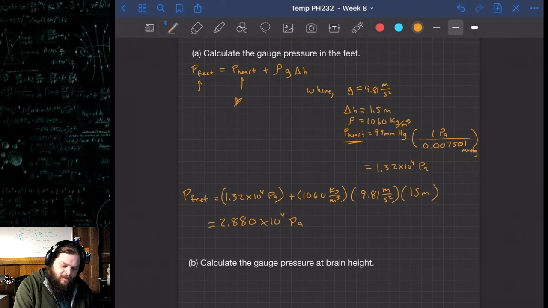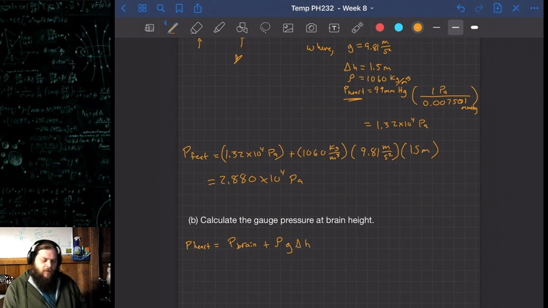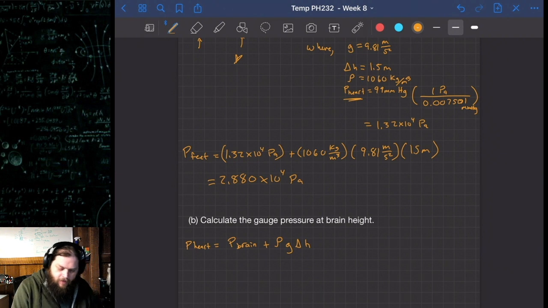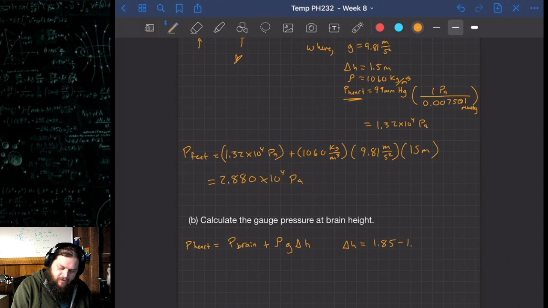So I have the pressure at the heart is going to equal the pressure at the brain plus rho times gravity times delta H. In this case, a lot of those same values apply, but now delta H is really equal to the difference between the head height and the heart height. So that's going to be 1.85 minus 1.5, which is equal to 0.35. These are in meters.